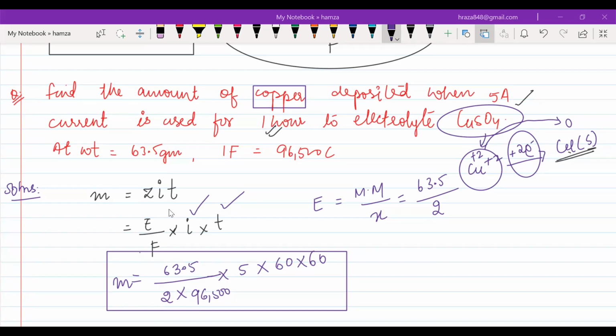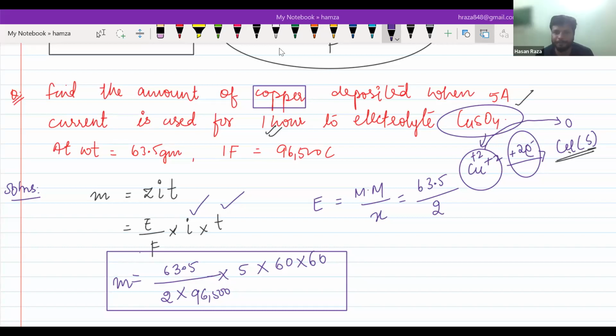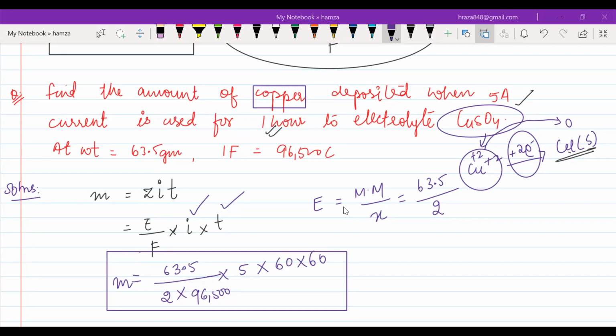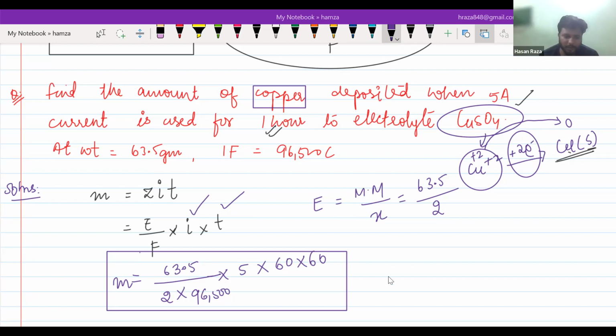Yes, what's your answer? 1143 by 193. No, it is not totally solved. Wait a minute. So 63.5.